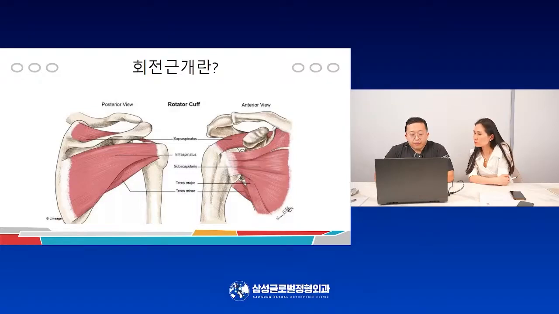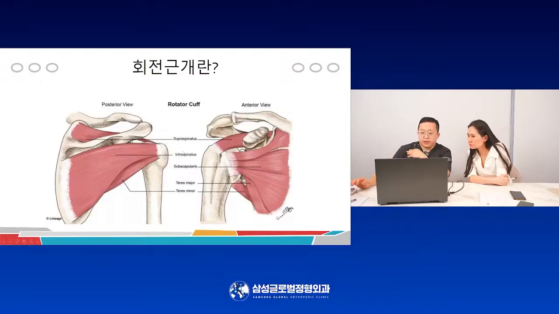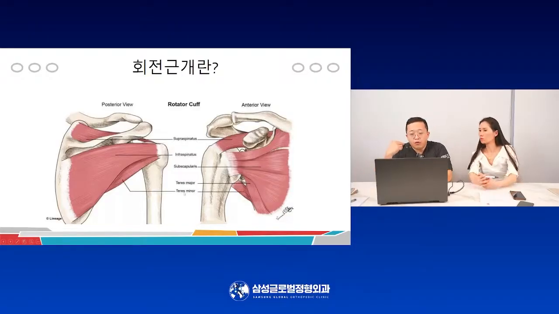So the rotator cuff consists of four tendons. The most anterior is the subscapularis tendon, located here, and the supraspinatus is located in the upper part, and the infraspinatus is located in the backward, and the teres minor in the back and lower part.